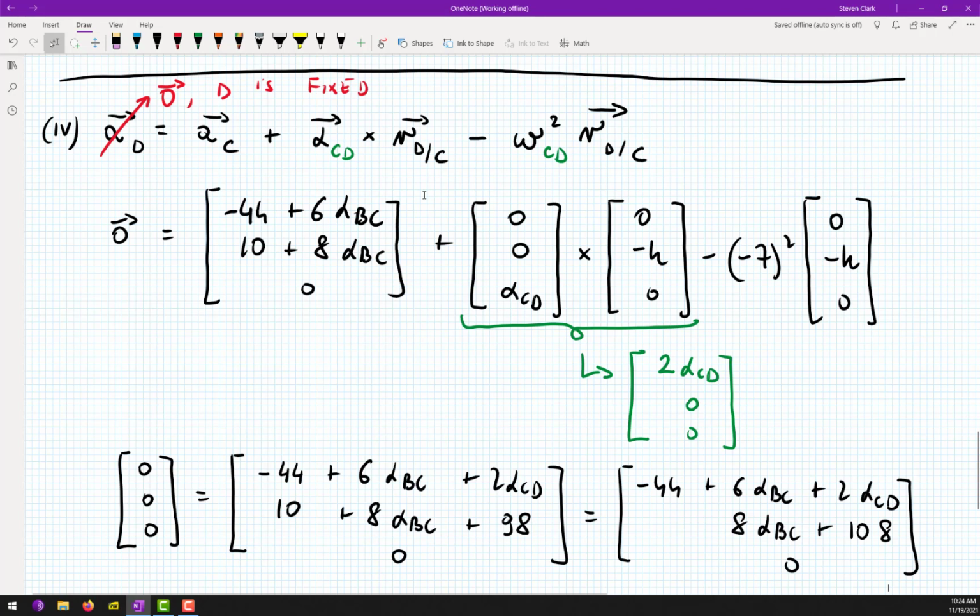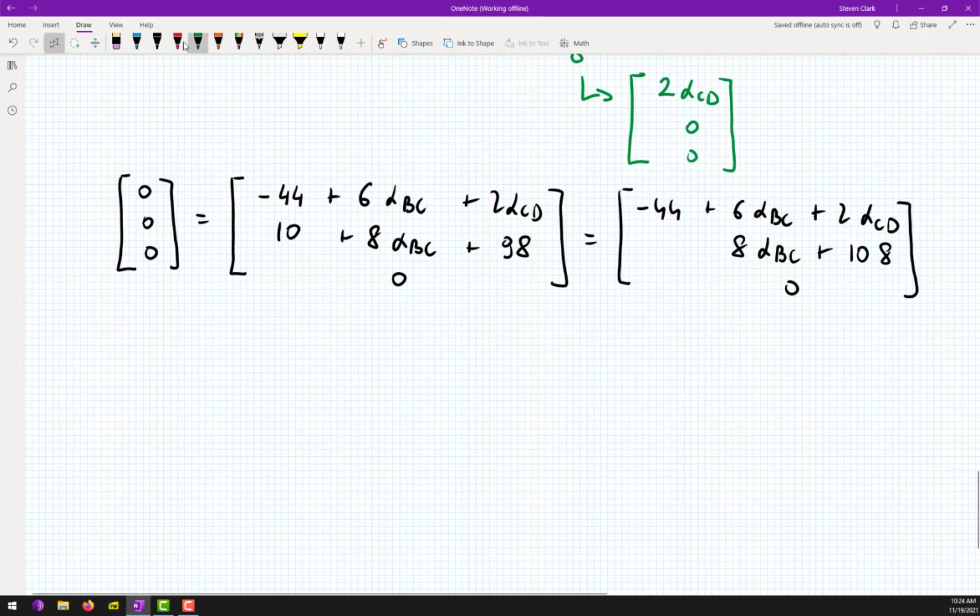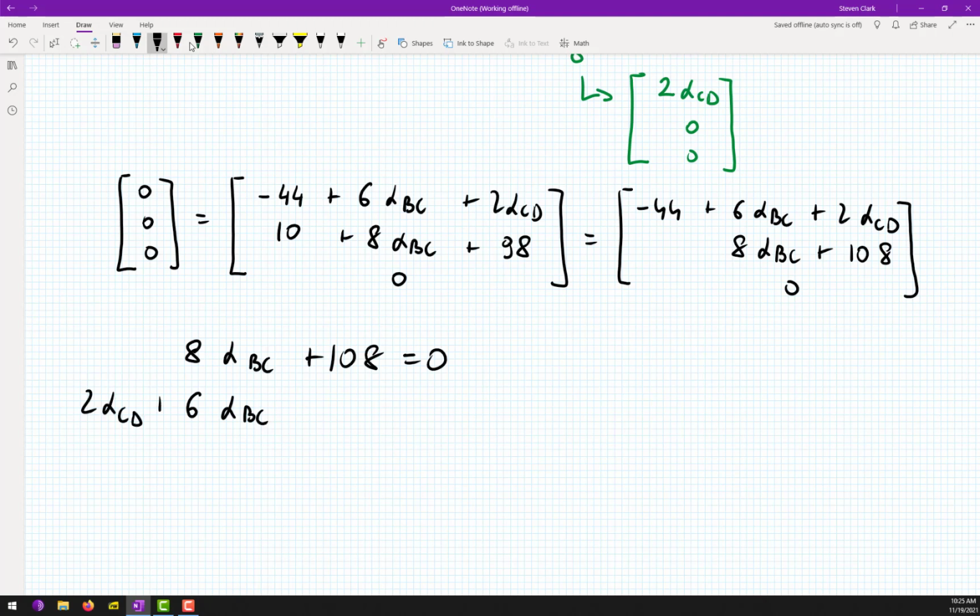Now we see that we ended up with 2 equations and 2 unknowns: 8 alpha BC plus 108 equal to 0, and 6 alpha BC plus 2 alpha CD minus 44 equal to 0.